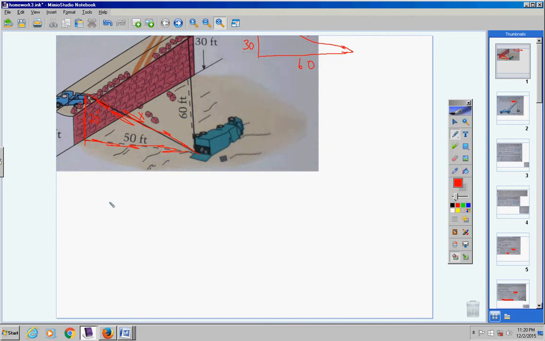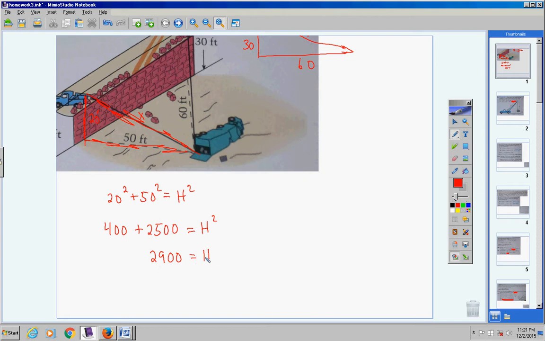The first equation would be leg squared plus leg squared equals hypotenuse squared. 20 times 20, 400. 50 times 50, 2500 equals h squared. 400 plus 2500, 2900.